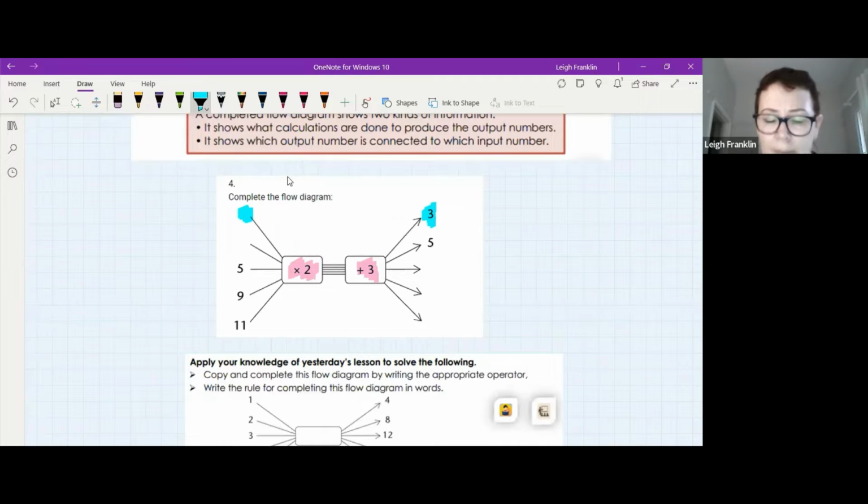All right, Lucy, what's your question? Ma'am, I just wanted to know if we are going to be doing new sums today. Yes, absolutely. I'm just showing you one thing from what we've done before, so that we're all on the same page.